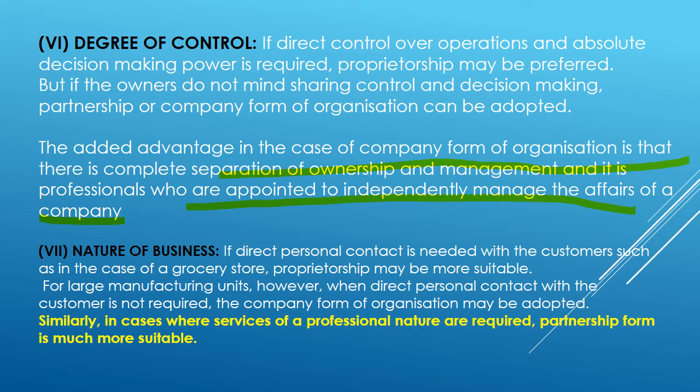Okay, so what are they saying? Degree of control: every form of business organization has its own control. The sole proprietor has full control over the business. In a joint family, it's a family business, so they will have their own control.